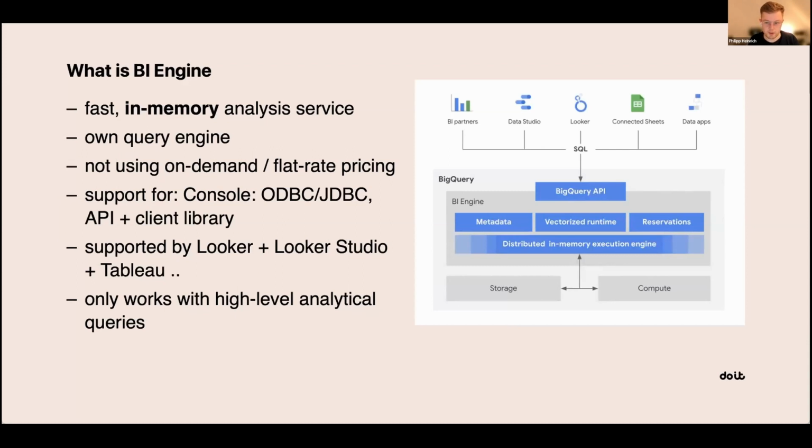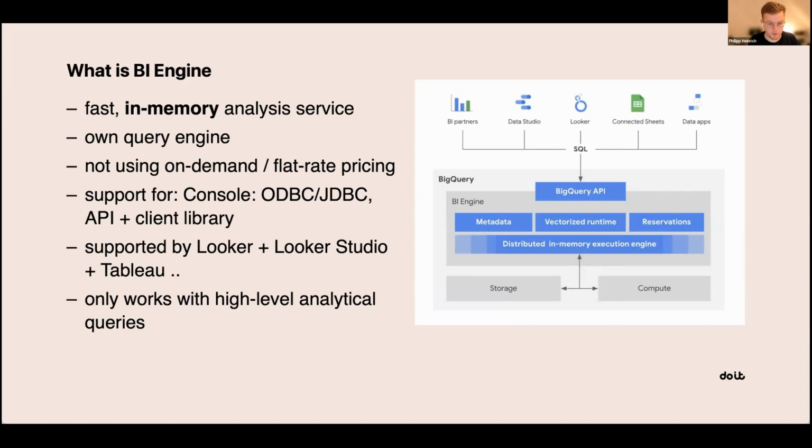If you are using BI Engine, there's a different pricing model assigned to it, and you have to commit to a certain capacity. If you're using BI Engine, then the query is usually not run on on-demand or flat rate pricing. It tries to run the query first on BI Engine, and if this is not succeeding, or if it needs more data because the in-memory part is not enough, then the fallback is the on-demand or flat rate pricing model.